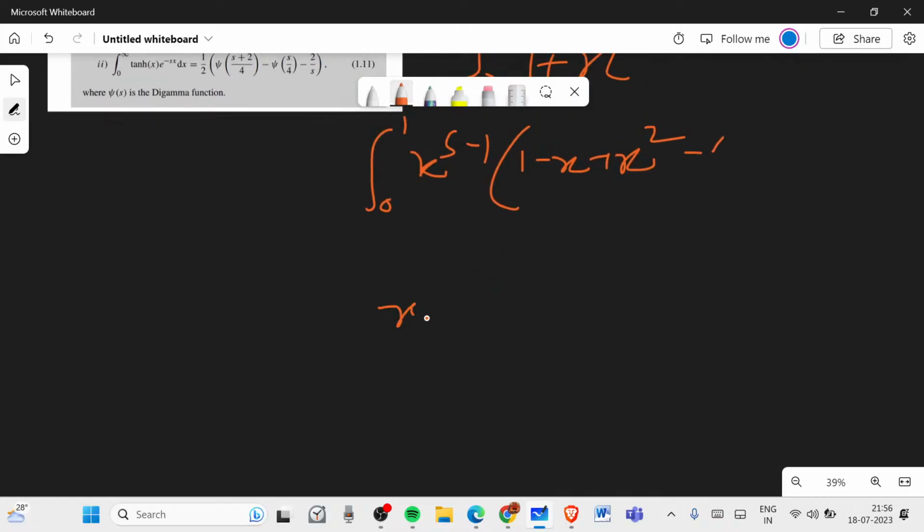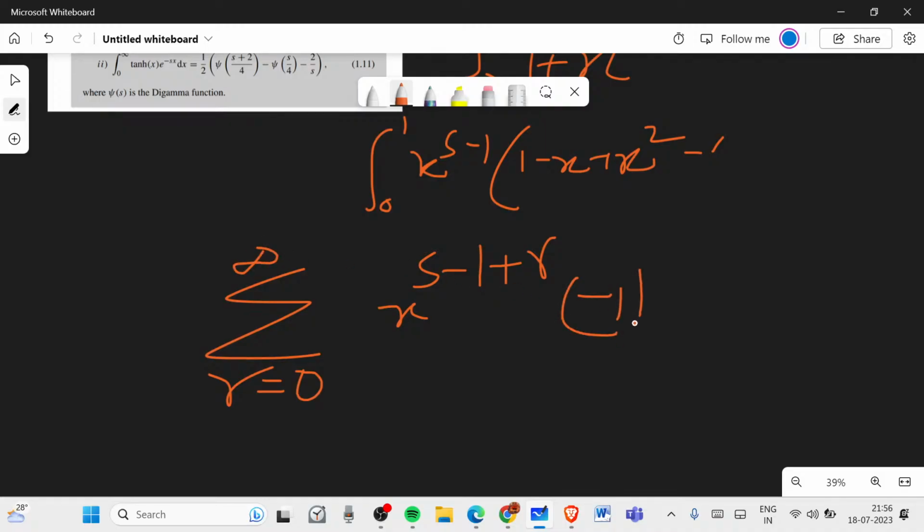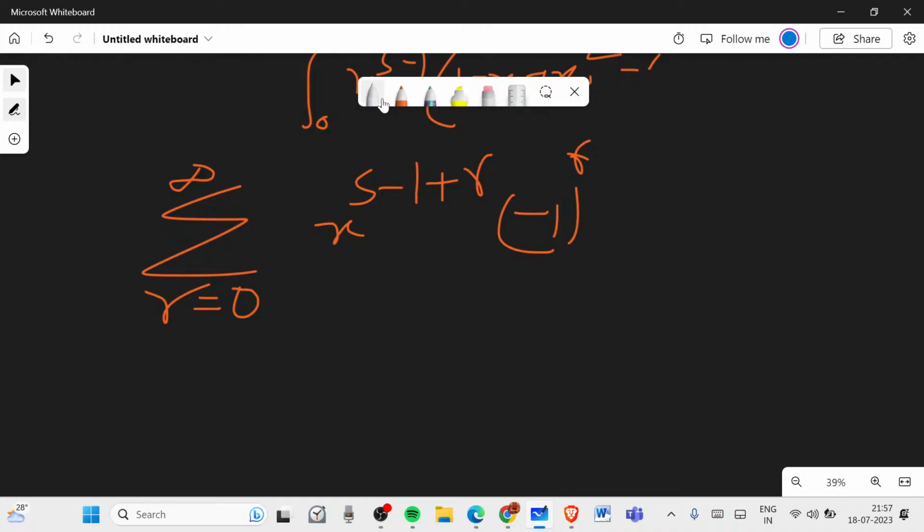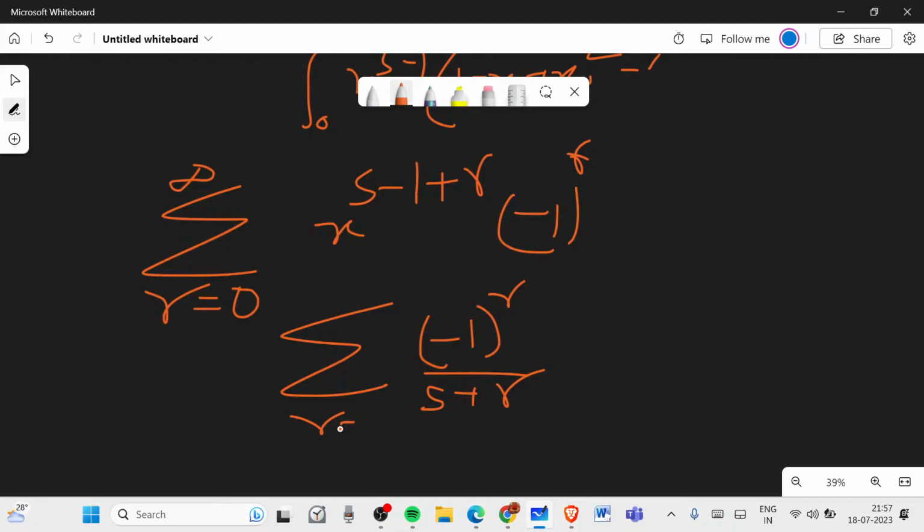It is the sum from r is 0 to infinity of minus 1 to the power r times x to the power s minus 1 plus r, right? And integrating from 0 to 1, we get the sum from r is 0 to infinity of minus 1 to the power r by s plus r, which is the answer.